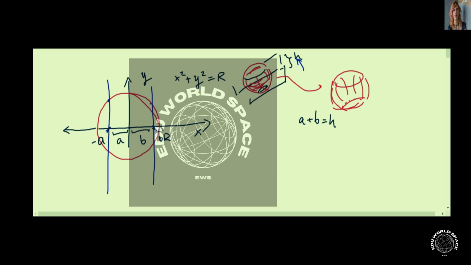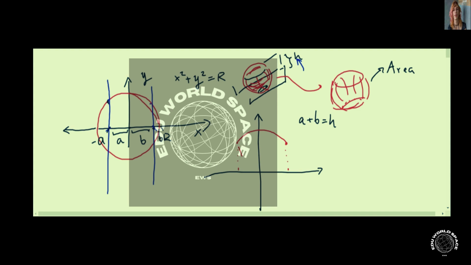So a way to obtain the area of this would be to rotate this piece of the curve about the x-axis. So we would rotate this piece of the curve between minus a and b.